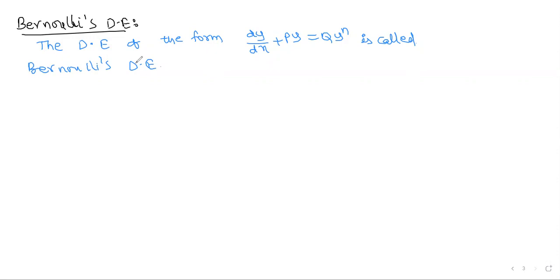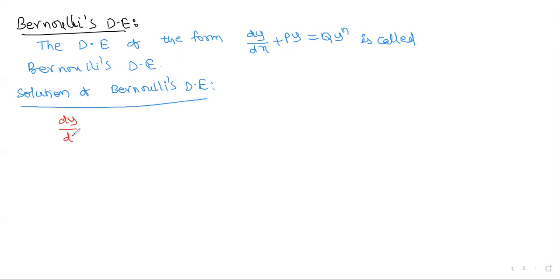Now the solution of Bernoulli differential equation. Here we take the differential equation dy by dx plus py is equals to q y power n. Now we have to make the right hand side only a function of x, so we divide with y power n.